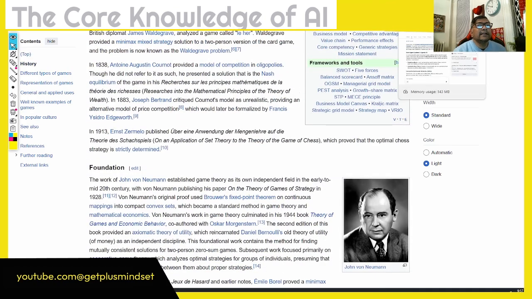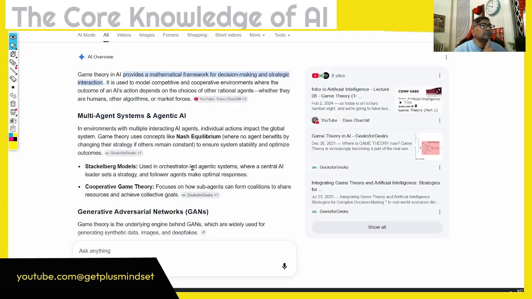How exactly is game theory used by AI? Let us think about a multi-agent system, an agentic environment with multiple interactive agents. Multi-agent means you assign tasks to different AI agents, and they work independently, also helping other agents in the system.